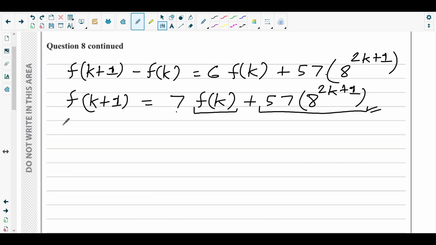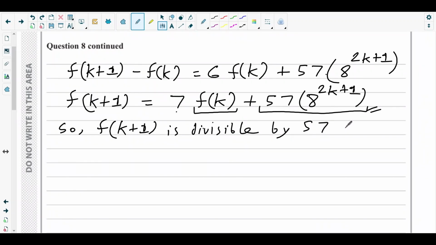Okay, so f of k plus 1 is divisible by 57 if f of k is divisible by 57.